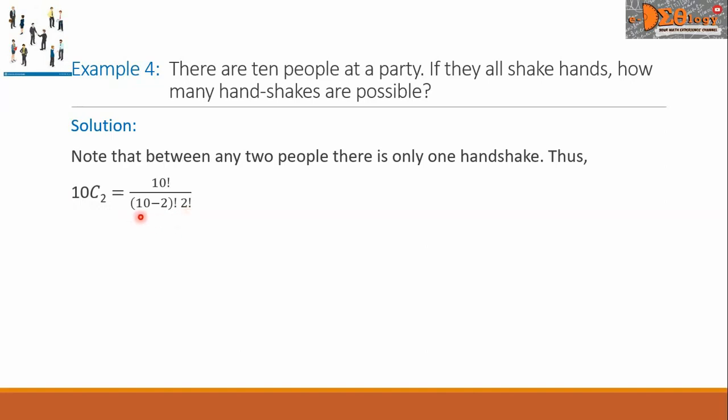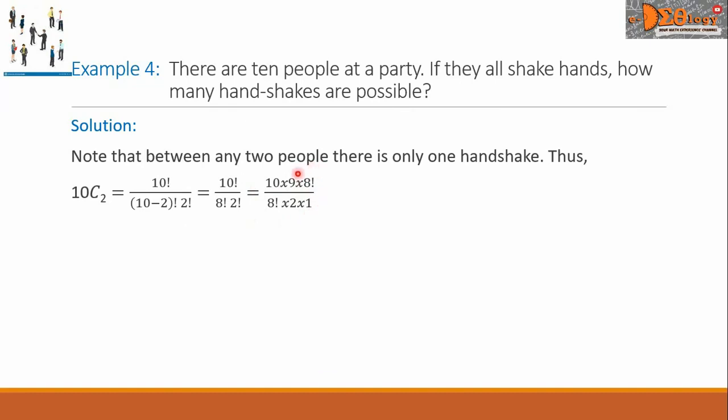Let us first simplify the 10 minus 2. It will give us 8 factorial. Then let us now simplify the respective factorials. The numerator becomes 10 times 9 times 8 factorial. Over the 8 factorial, we will keep it as is, and let us expand the 2 factorial, which is now 2 times 1.